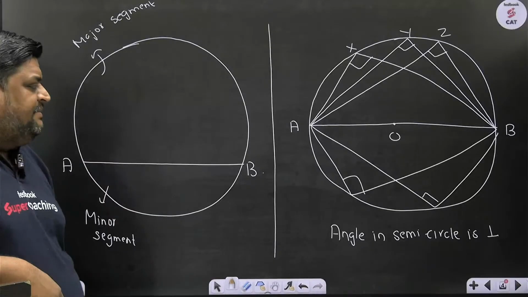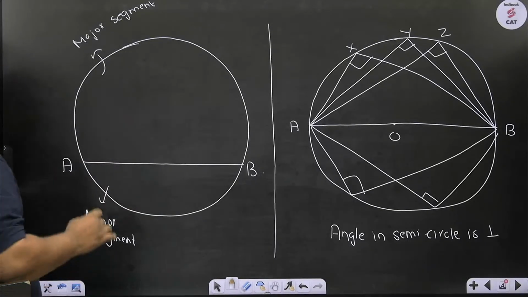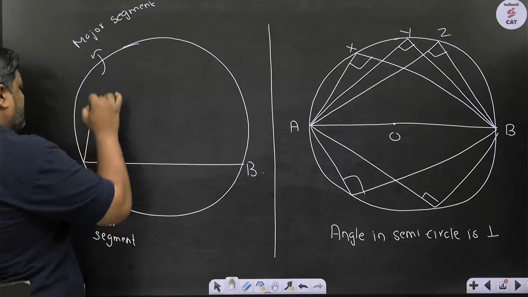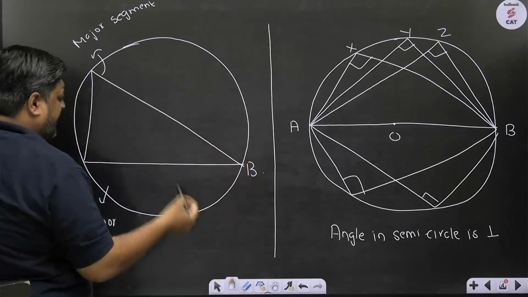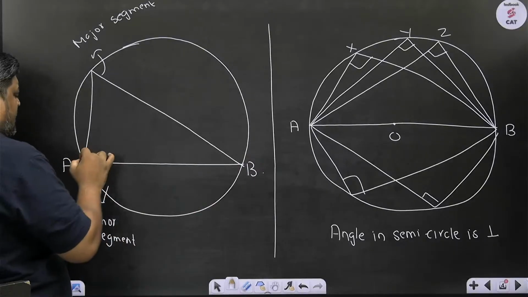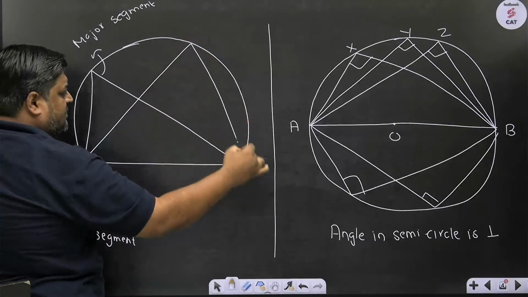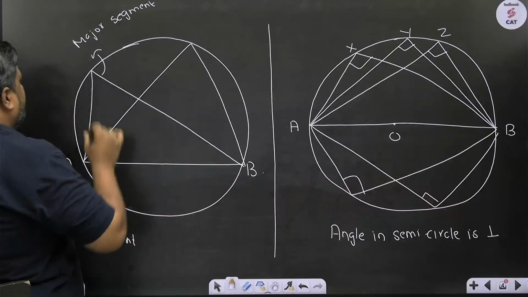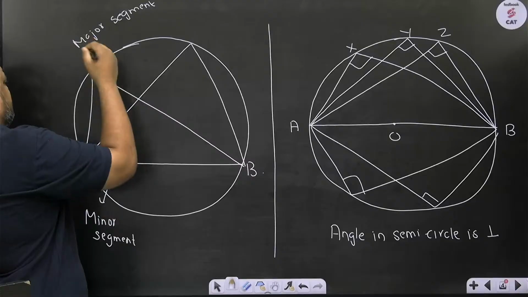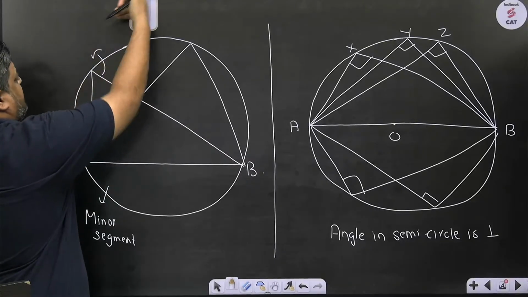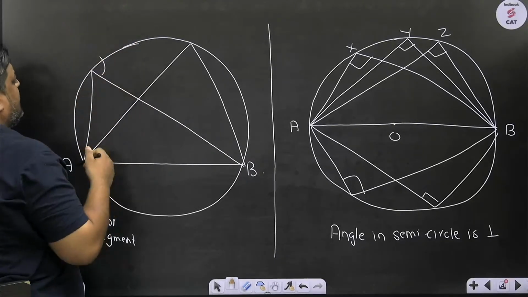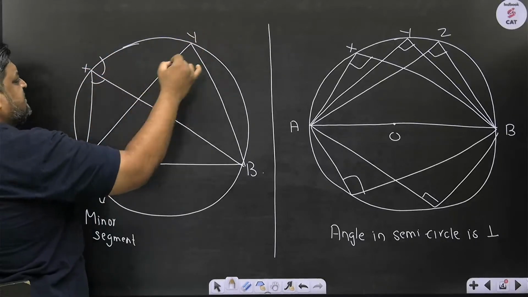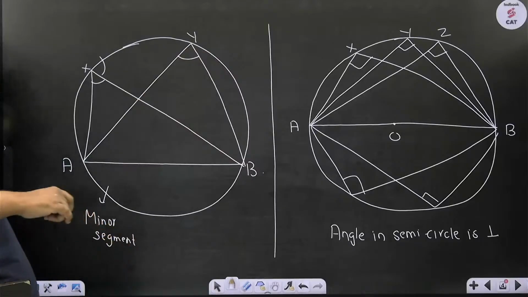चलो अब देखो, अगर मैंने कॉर्ड के एंड पॉइंट्स A, B से एक एंगल ड्रॉ किया इधर मेजर सेगमेंट में, और ये दूसरा एंगल ड्रॉ किया, सेम एंड पॉइंट्स ऑफ द सेम कॉर्ड. इसको लेट्स नेम x एंड लेट्स नेम दिस एज y. सो दीज टू एंगल्स वुड बी इक्वल. इसको क्या बोलते हैं?